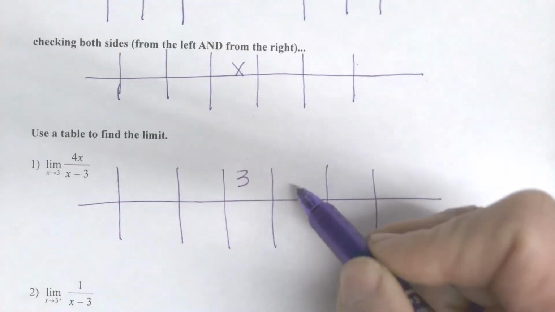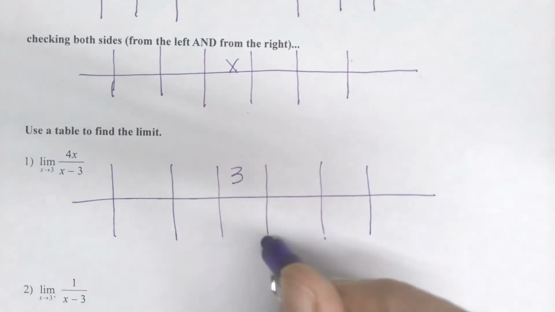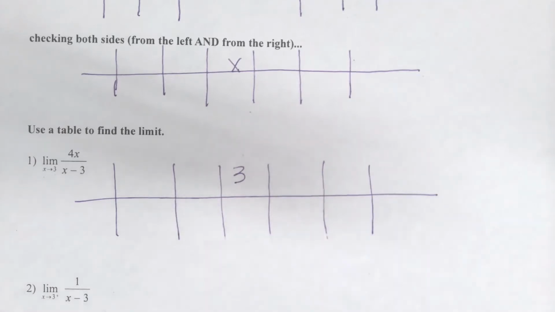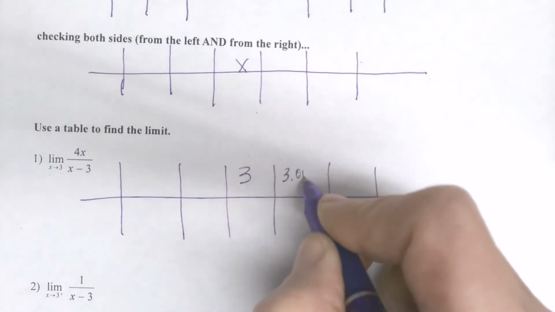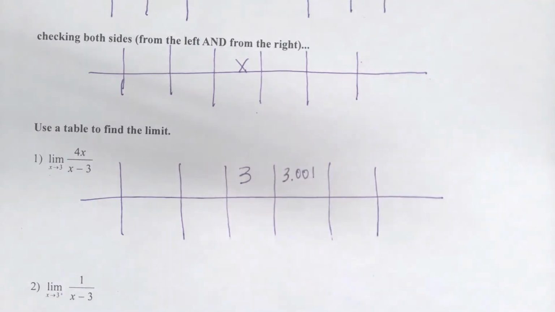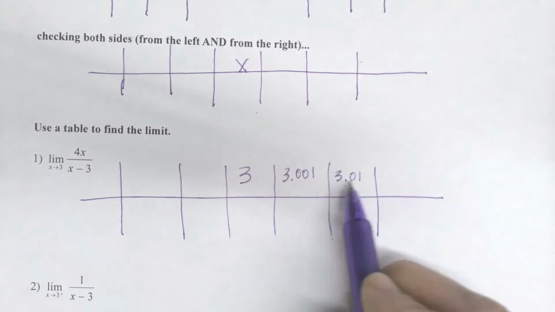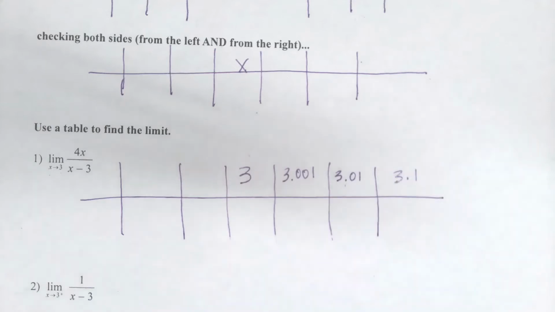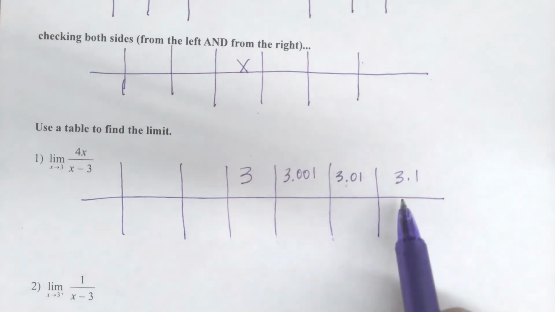Now, I want to get close to 3, so putting in things like 4 and 5 aren't very helpful. I want to be just a tiniest bit more than 3. A little less close to 3, and then a little less close to 3. These are to the right of 3, a little bit bigger than 3.